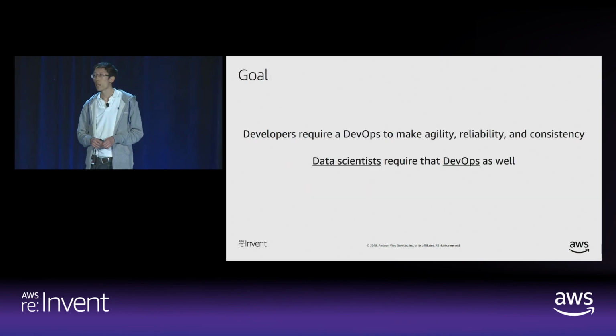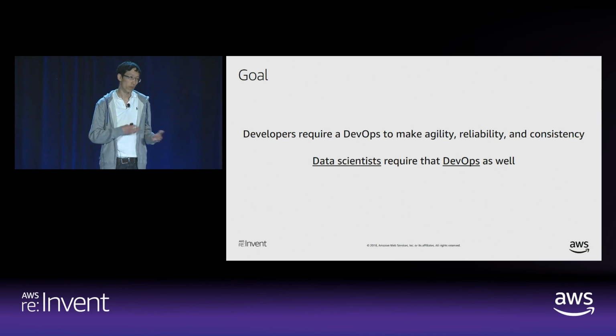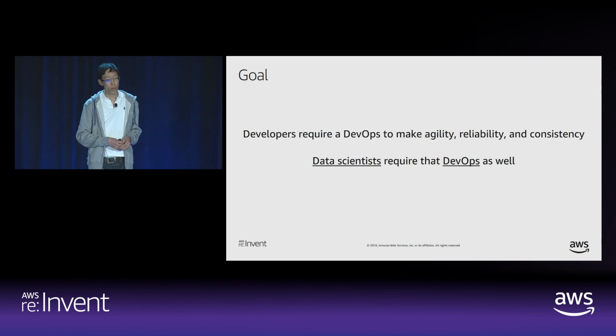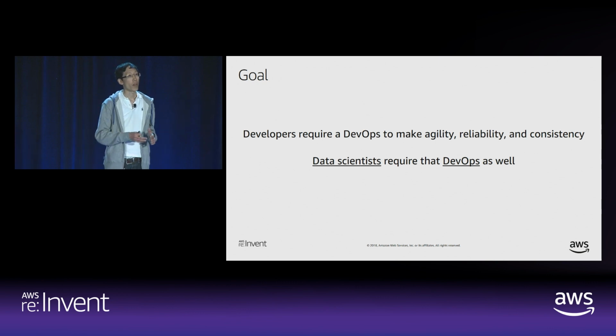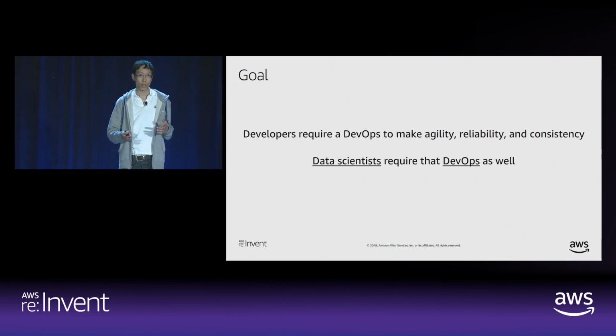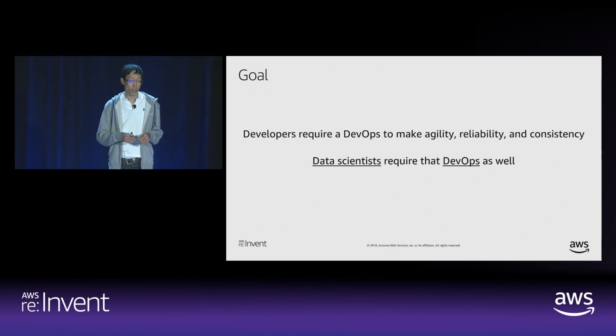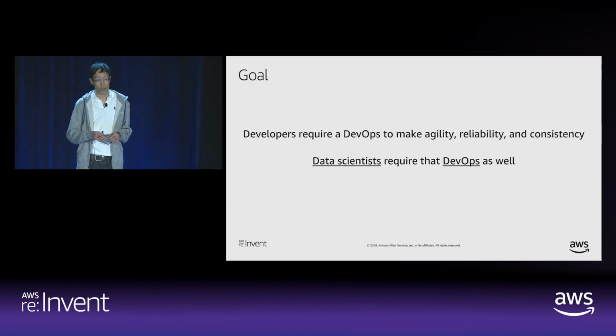Normally we talk about DevOps because we have developers in companies and enterprises, and we need agility, reliability, and consistency across many environments, and agility to make the process a good build structure, right? But what about the data scientists?